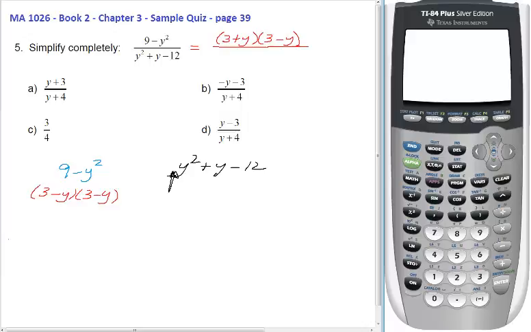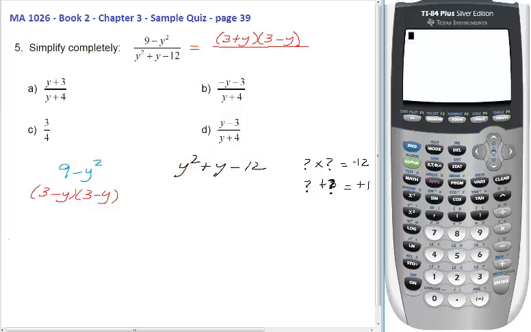What two numbers will multiply to give you negative 12, but add to give you plus 1? Where does the negative 12 come from? It's a times c, so 1 times negative 12 is where I get the product.